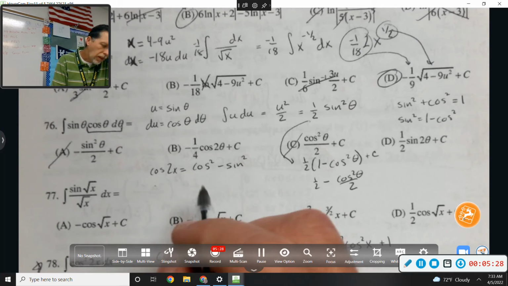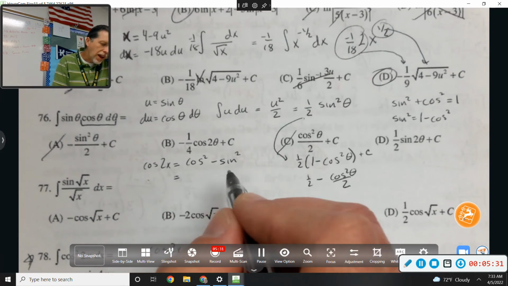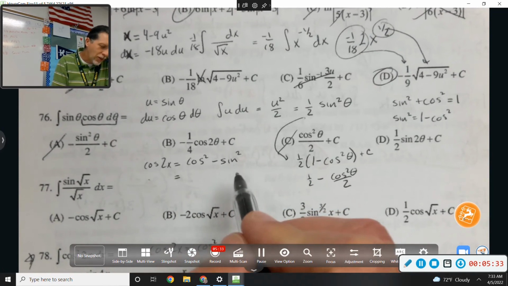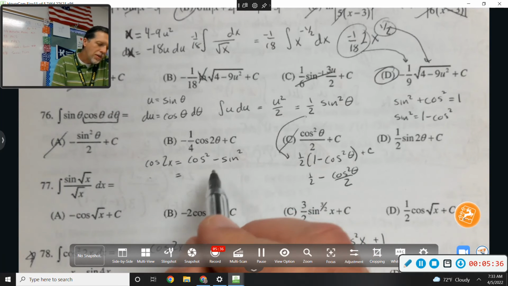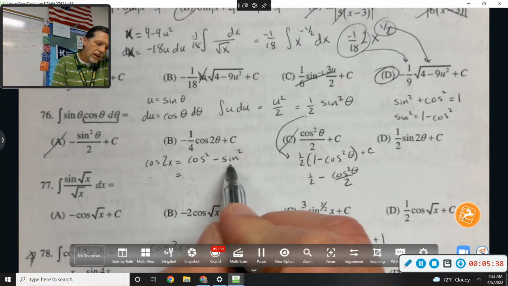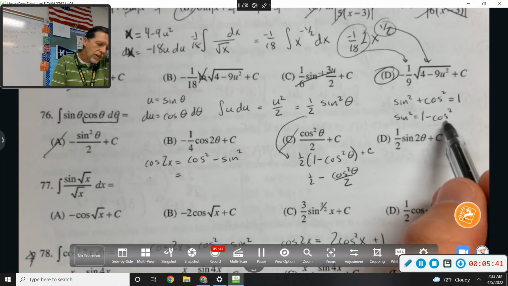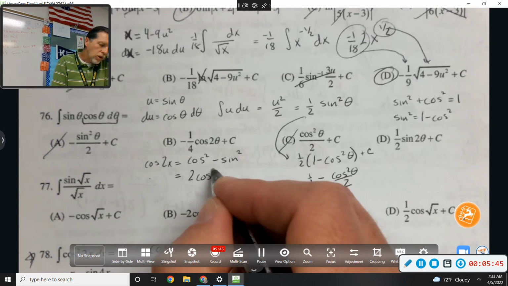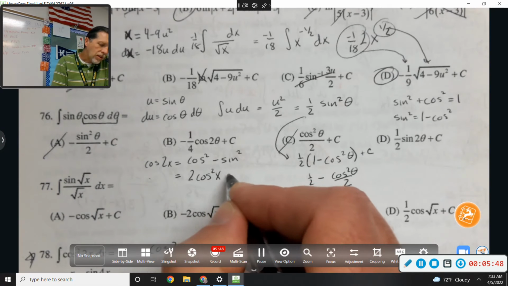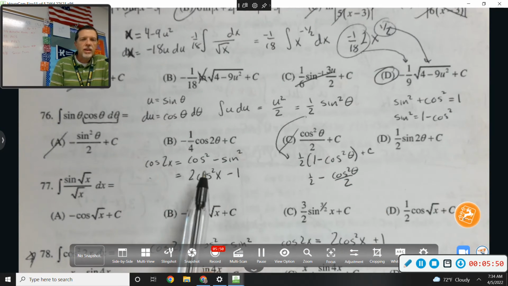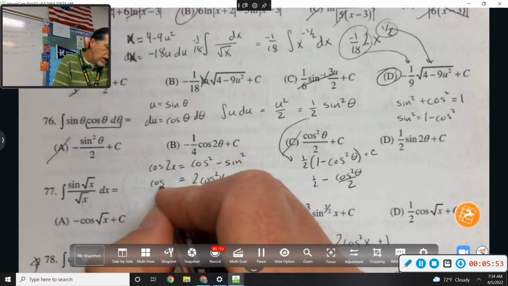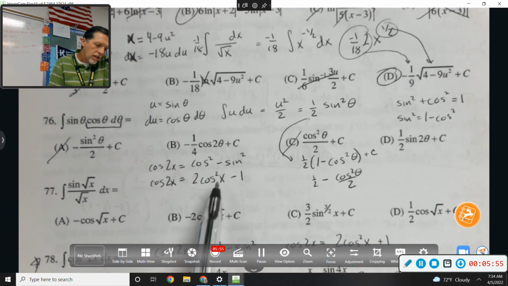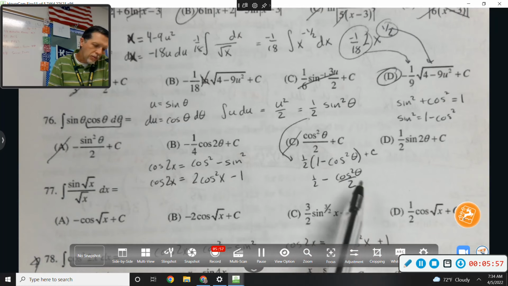because let's see, this is such a pain. I can't believe they do this twice to us. 76 and 78 use the same trig identity. Sine squared is 1 minus cosine squared, so this becomes 2 cosine squared x minus 1. So where were we? Here's my answer.